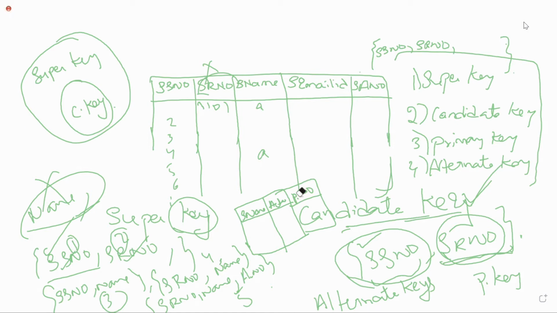If you still have doubts, let me see. Student age. Suppose these 3 attributes are there. A single student name we cannot say with this. This alone cannot act as a key attribute.